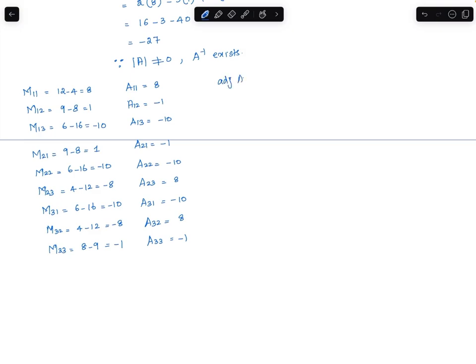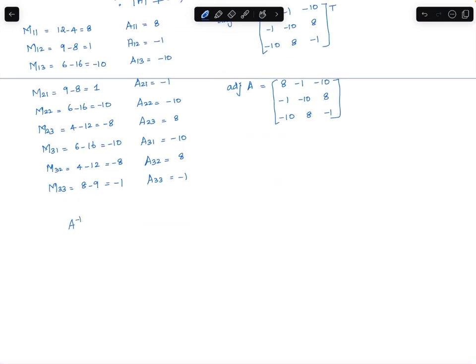Adjoint matrix of A is the transpose of the matrix with rows 8, minus 1, minus 10; minus 1, minus 10, 8; minus 10, 8, minus 1, which is equal to 8, minus 1, minus 10 in the first row, minus 1, minus 10, 8 in the second row, minus 10, 8, minus 1 in the third row.